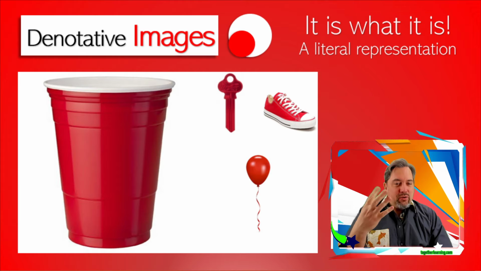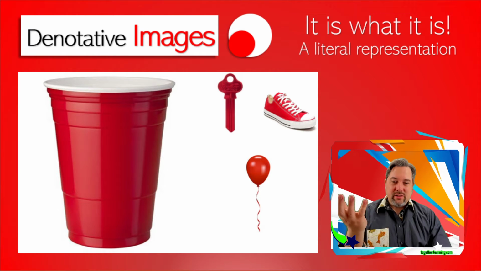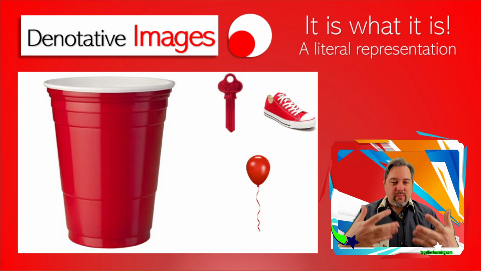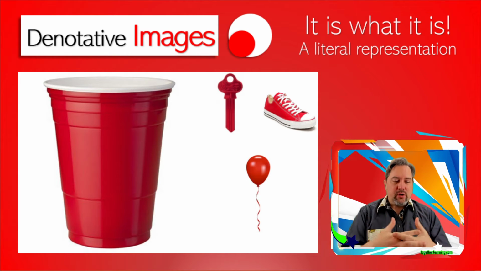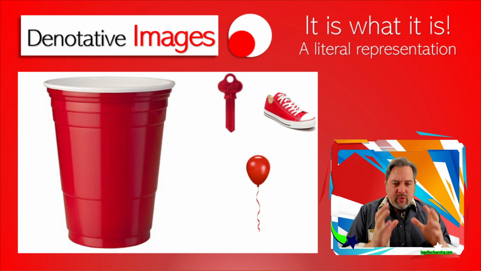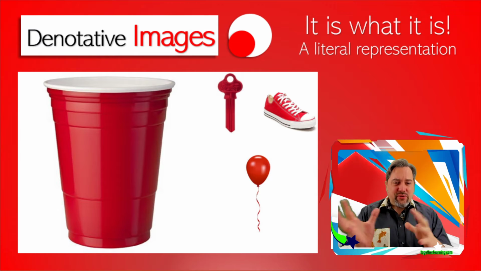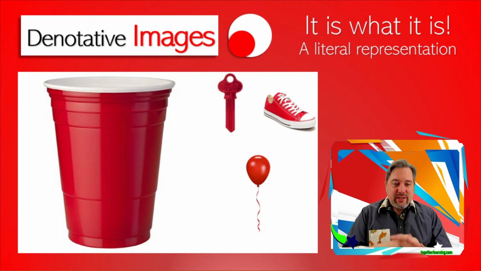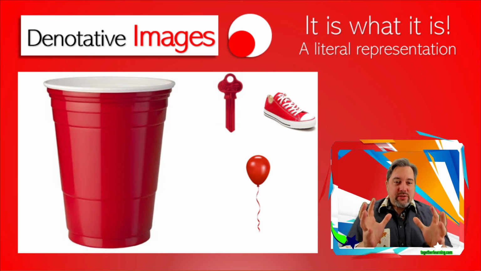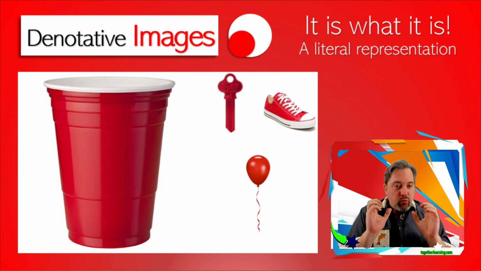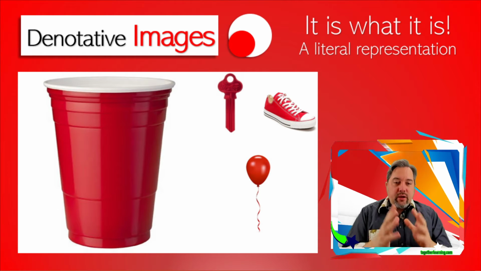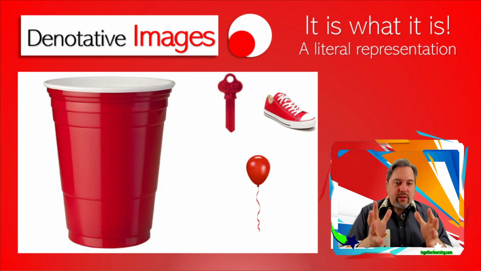I'm already a little bit connotative though because of the colors I've chosen for this. These are all red, and that might stir up some feelings or different emotions, or have you associate extra meaning to that. But that's not what denotative is. Denotative images are when you see a picture or when you represent something, you think that's it. It's a literal thing that you're thinking of.